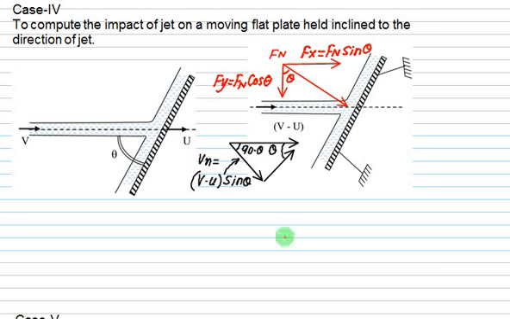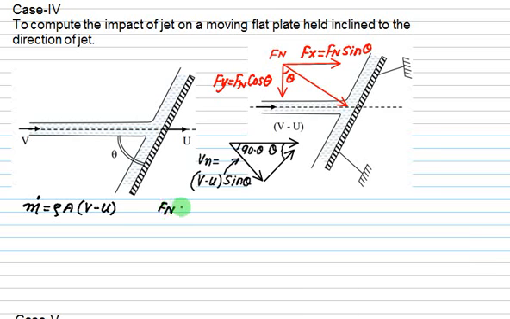So your answer is almost the same, except every value of v is replaced by v minus u. The mass flow rate will be equal to density multiplied by area multiplied by v minus u. Then we calculate the normal reaction Fn.